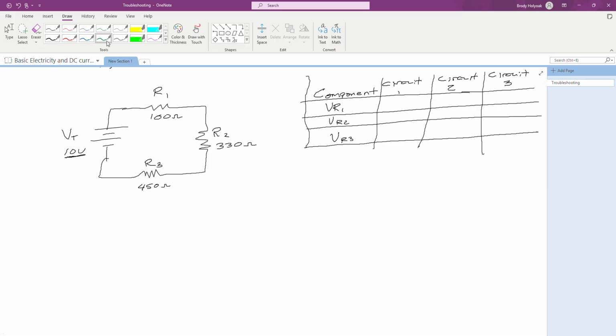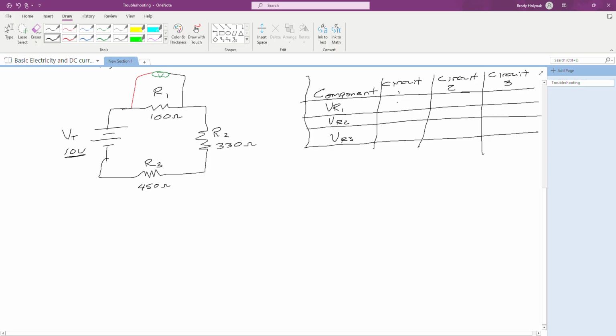Basically what I did here is I took my DMM in voltage mode and connected it to every single one of these and measured the voltage across each component. Then I moved my meter over across R2, and moved my meter across R3. So these are my 3 data points that I have to check with: the voltage of R1, voltage of R2, voltage of R3. Then I come back over and look at my values.